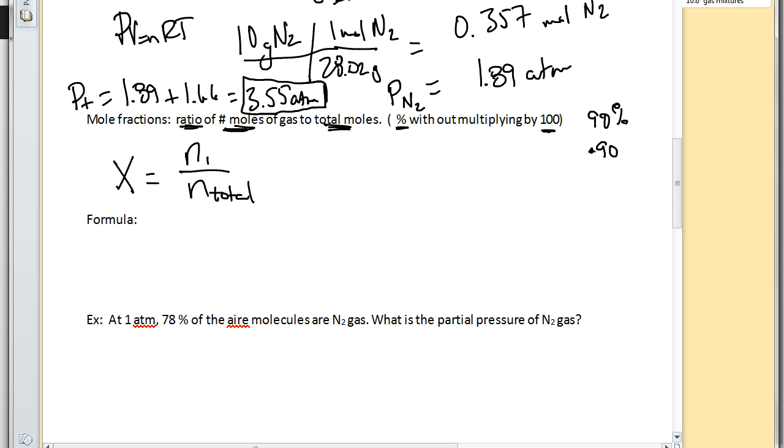Now, there's also a very important formula that we use for gases: we can calculate the partial pressure of a gas by multiplying the mole fraction of that gas by the total pressure. And we get that mole fraction from this formula here, which is essentially the moles of one gas over the total number of moles.